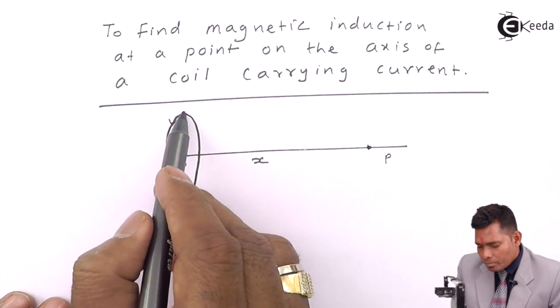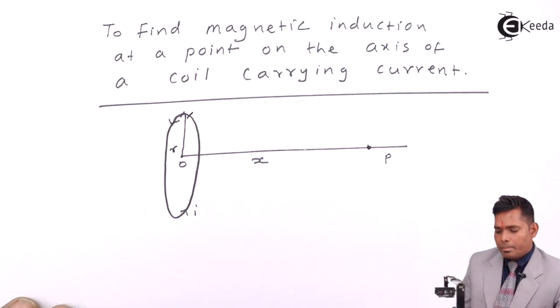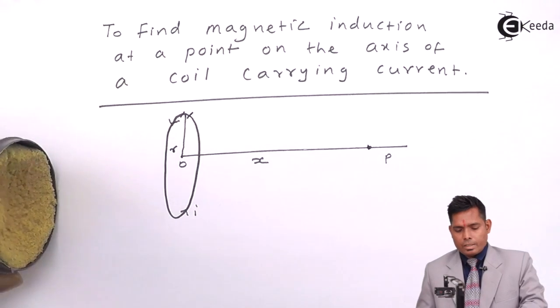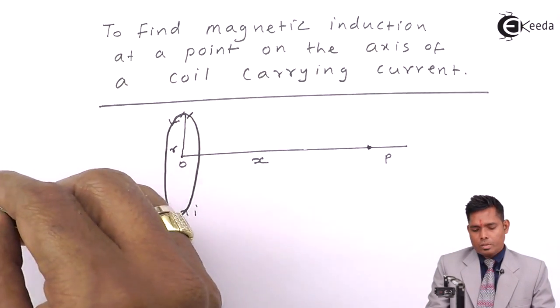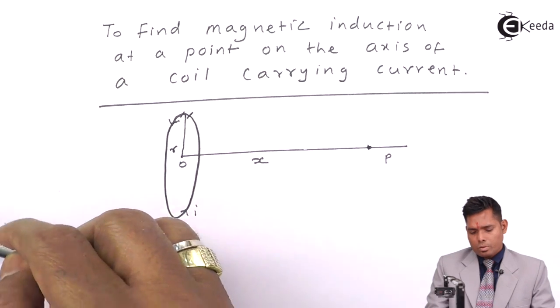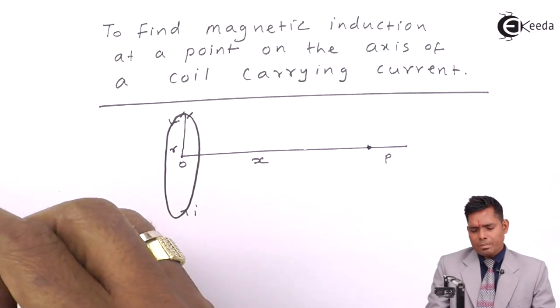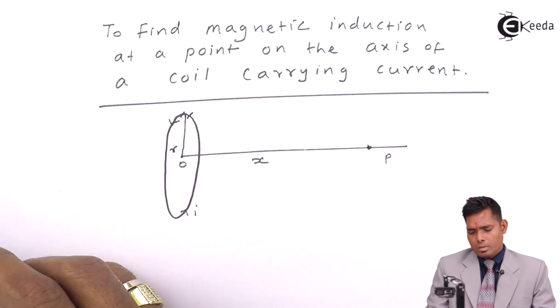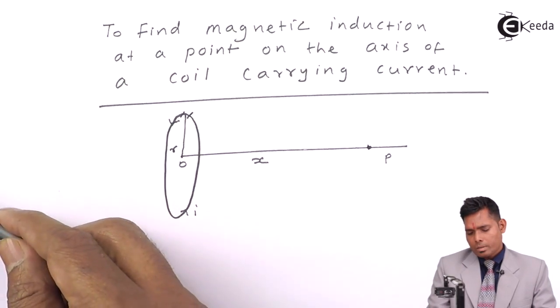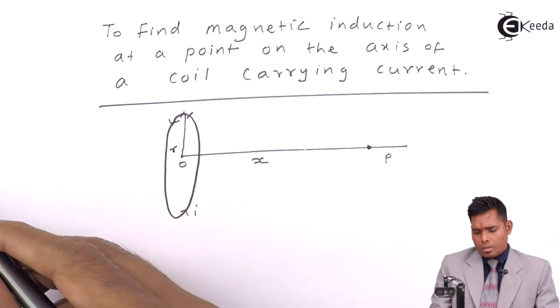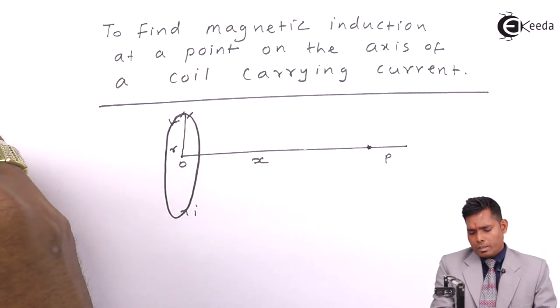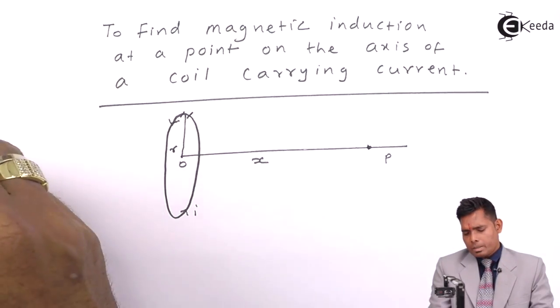Now I choose an element just like this here, somewhere here, this position or this position, any position you can choose. You have to choose everywhere. So let us say at any position here I have chosen, this side. Then if I choose from here this element, it will be like this.